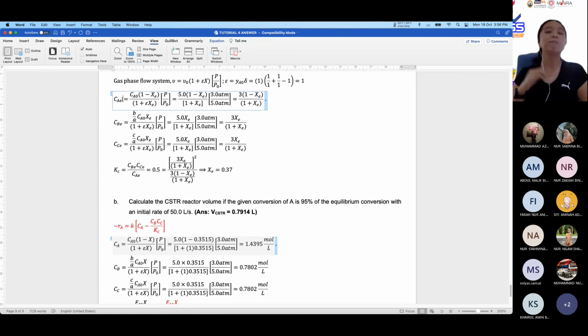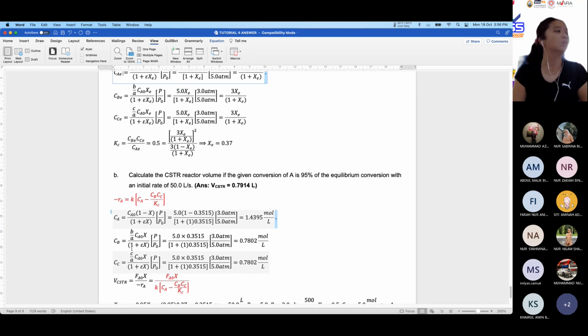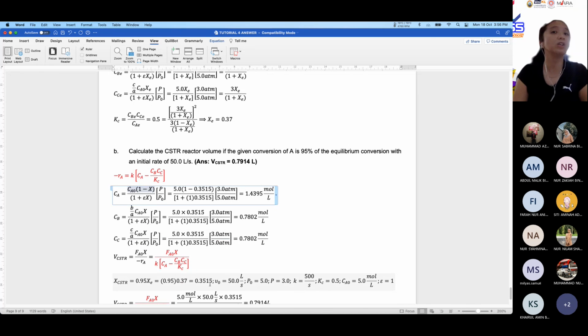But when we design a reactor, we will not design it at equilibrium, so the concentrations are no longer at equilibrium. That's why we write them as CA, CB, CC. The conversion is also no longer the equilibrium conversion; it is the new one we just calculated, 0.3515. That's why the X here is no longer XE.